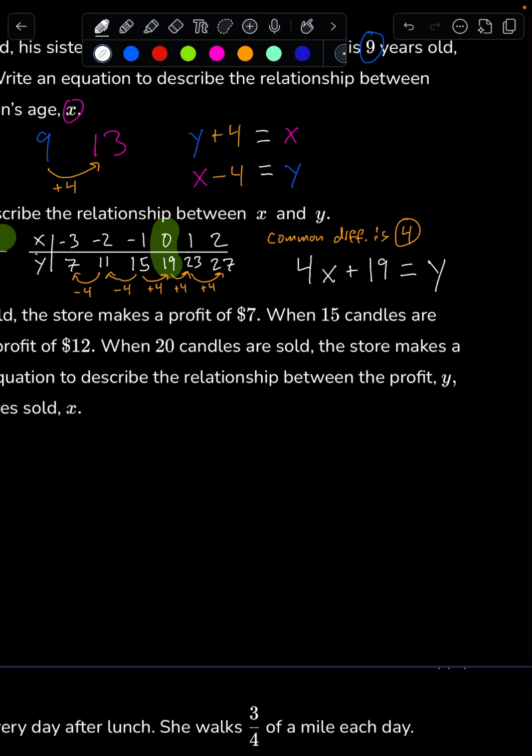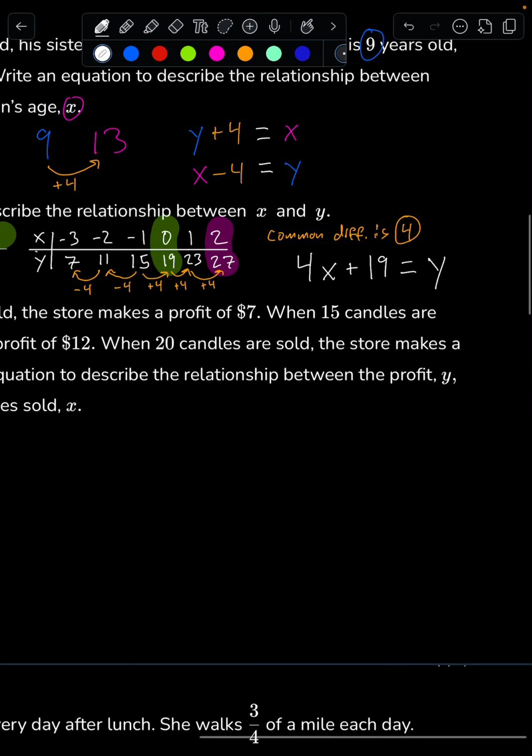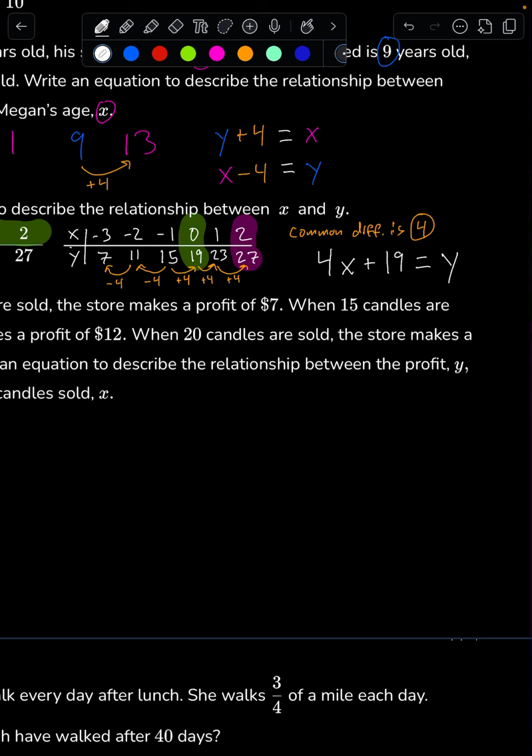And what we need to do still is check and see if this equation works. So let's pick another value. Let's pick this one right here. When x is 2, y needs to be 27. If I plug in 2 for x, that would give me 4 times 2 plus 19. 4 times 2 is 8, and 8 plus 19 is for sure 27.